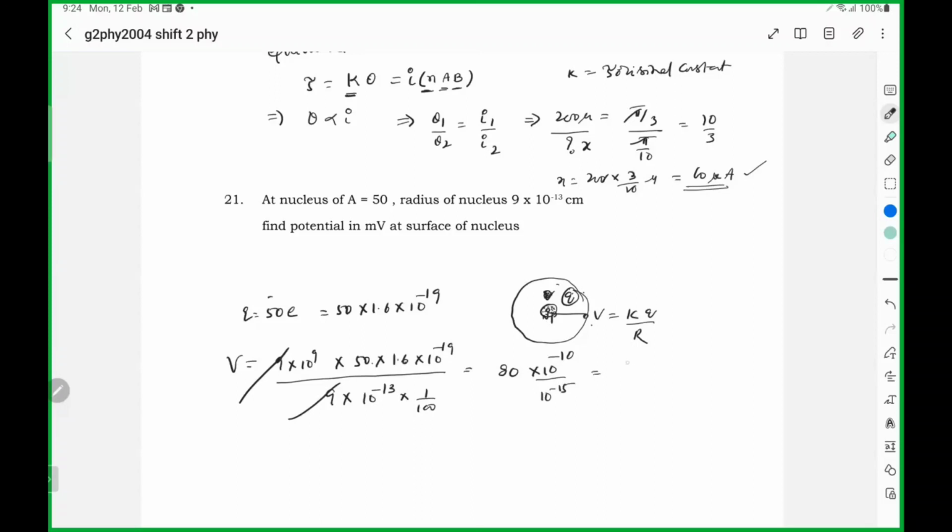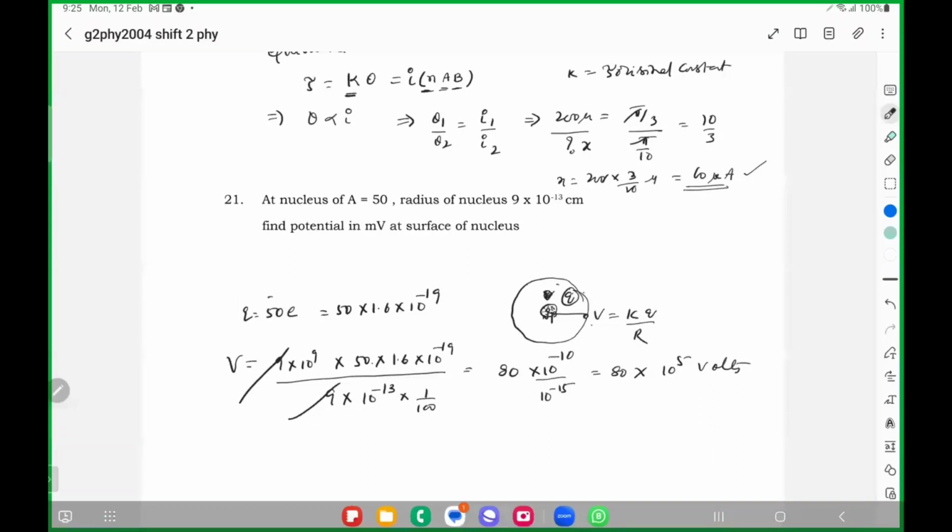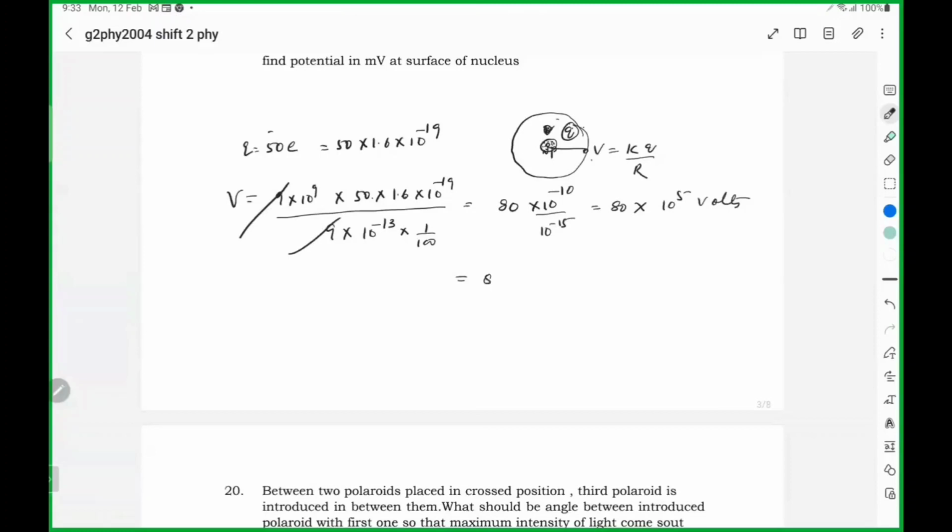So 80 into 10 power 5 volts, which is equal to 8 into 10 power 6 volts.